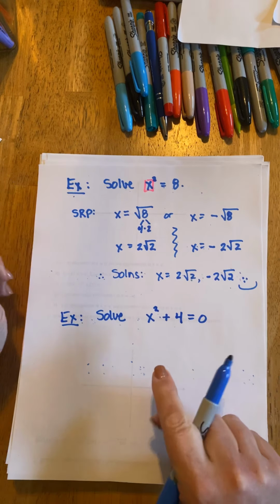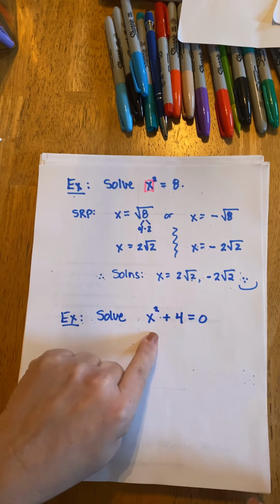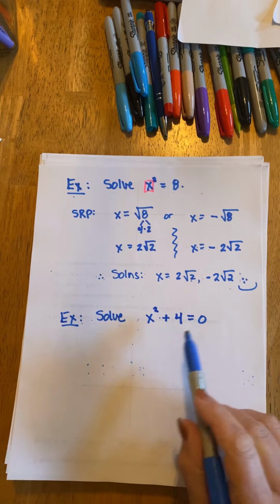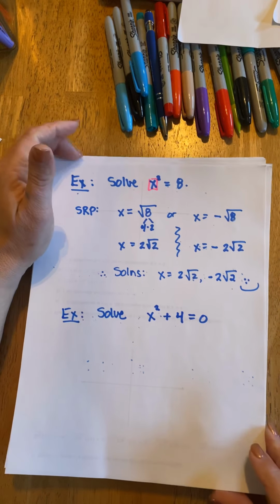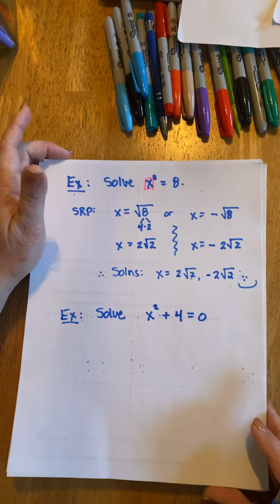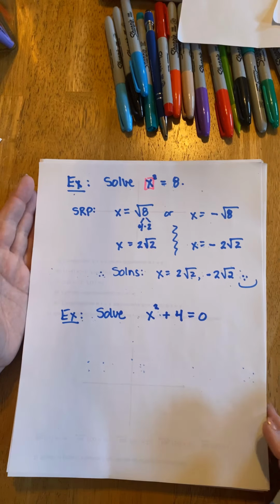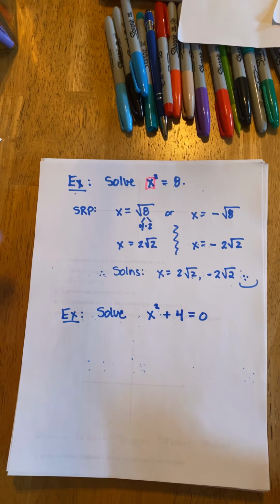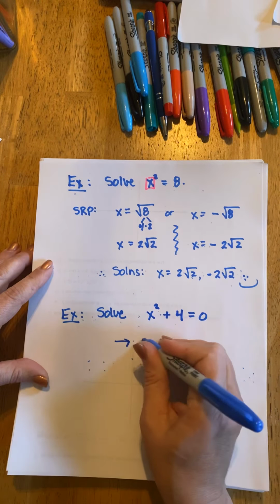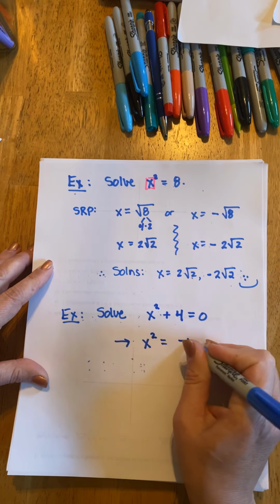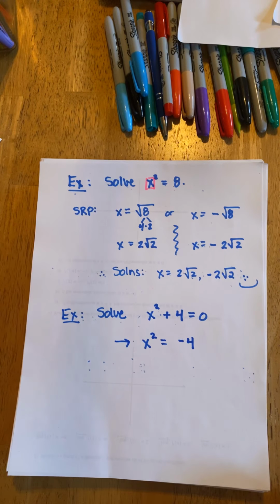Now your first instinct might be to try to factor this, but it's the sum of squares. And if you remember, the sum of squares without a greatest common factor doesn't factor, so we can't use factoring and the zero product principle here. But I can put it into the form something squared equals a number by subtracting 4 from both sides.